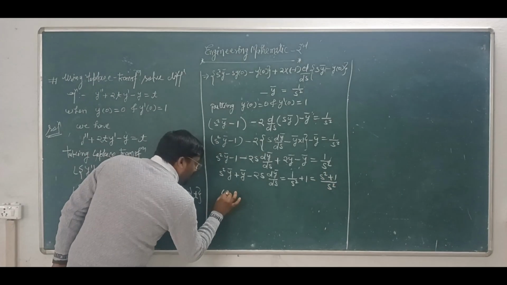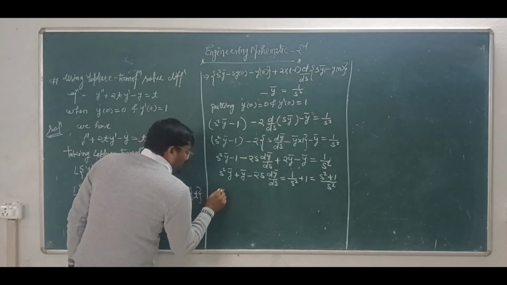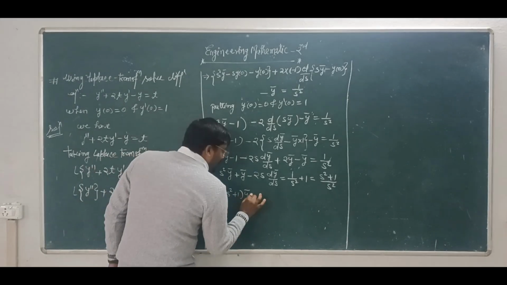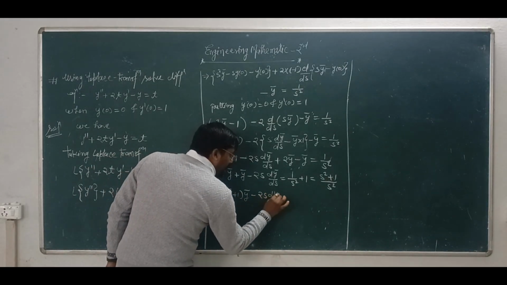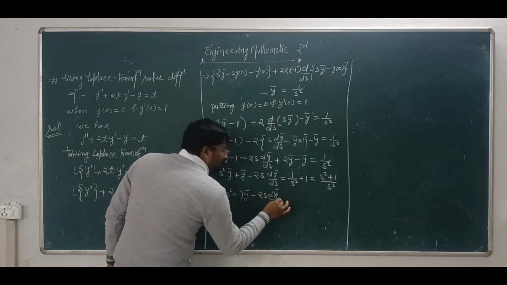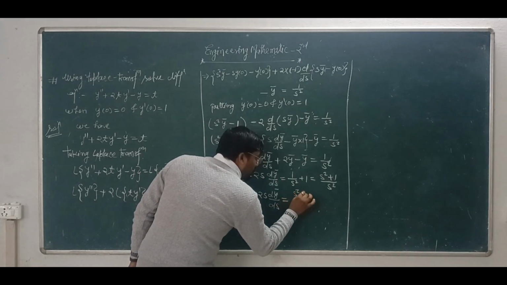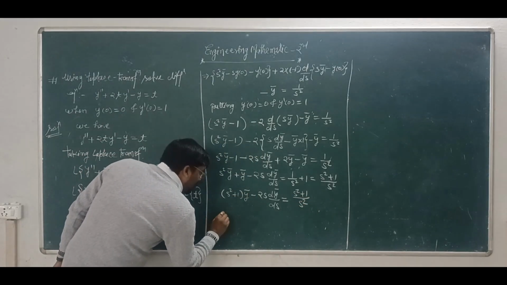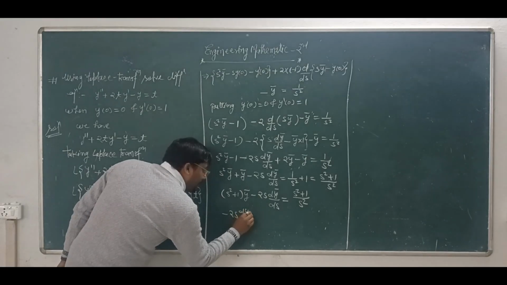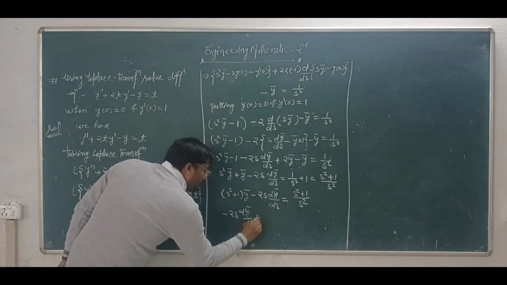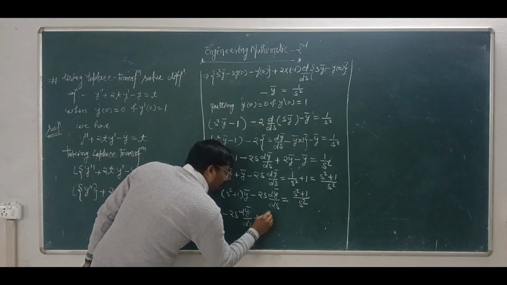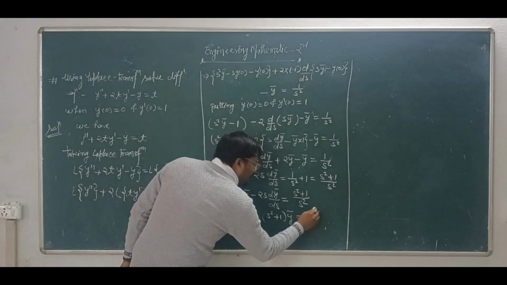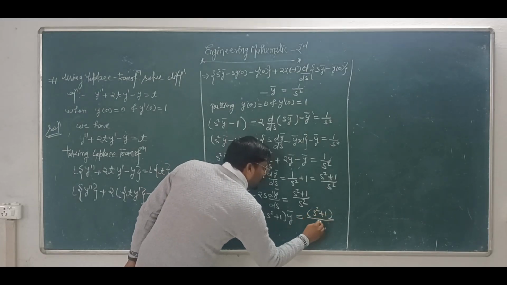Now you can put s square plus 1 y bar minus 2s dy bar upon ds is equal to s square plus 1 by s square. Now you can write minus 2s dy bar upon ds plus s square plus 1 y bar is equal to s square plus 1 upon s square.